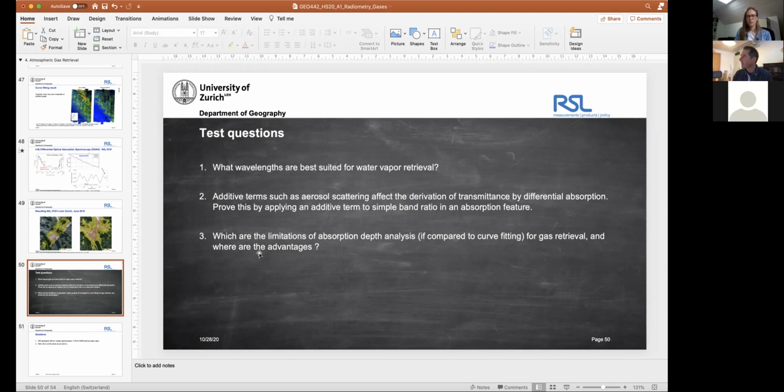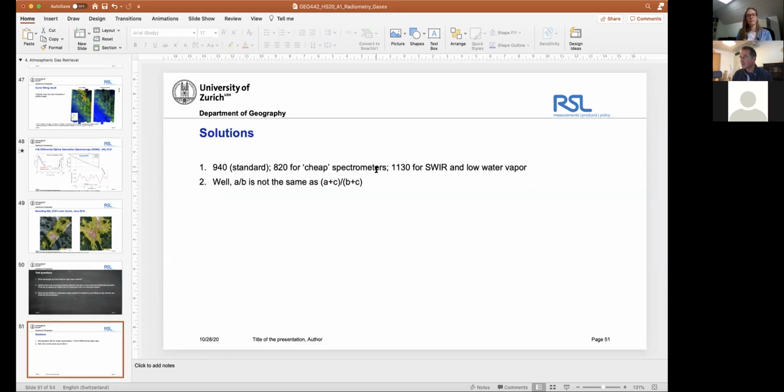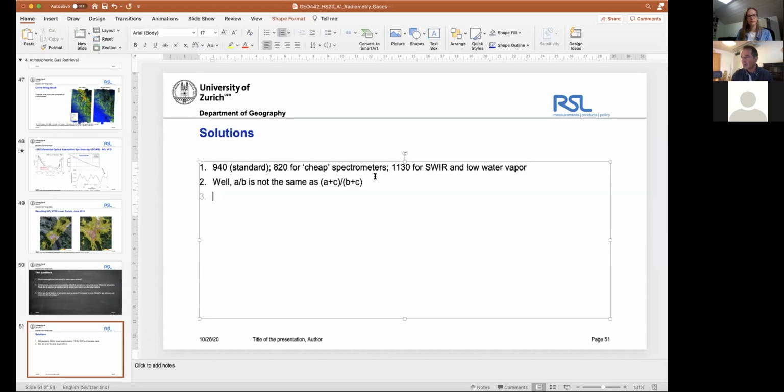Exactly, water and other surface types. I mentioned the curve fitting technique had the advantage that you take the water of other targets into account.